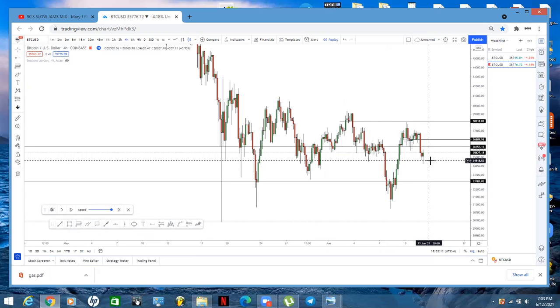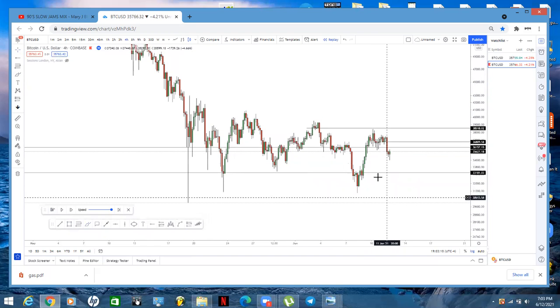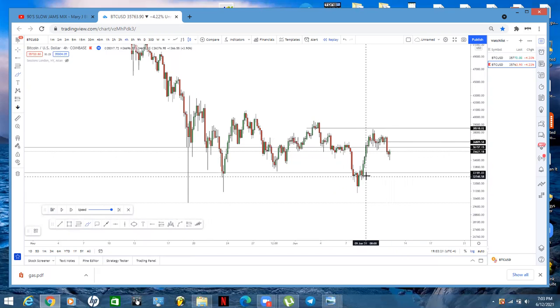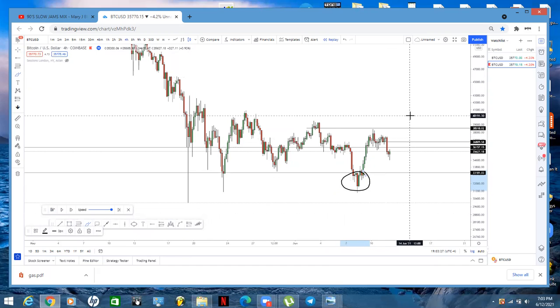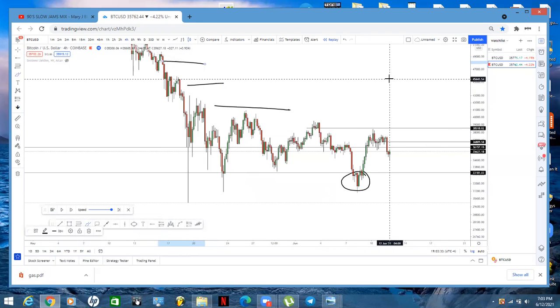that's it for this video. I just wanted to break down Bitcoin, what I see, how I view it, and what I see long term. So long as this order block holds, I would be long term, looking for long trades to take out this liquidity to the upside.